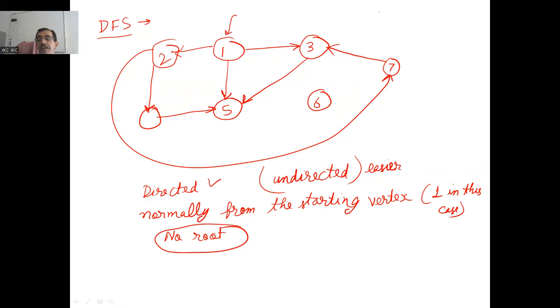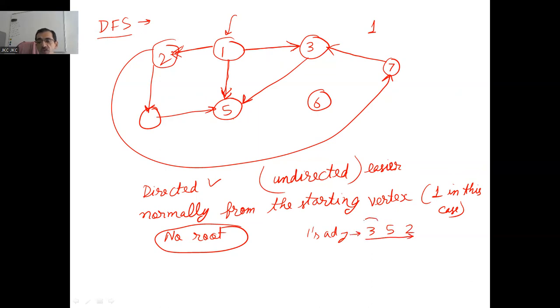1 will be displayed as the traversal process done. And then from 1, I will go one by one to its outgoing edges. Outgoing edges means its adjacents. So 1 has 3 adjacents. Say 1's adjacents are 3, 5, and 2. Let's assume they are stored in this order.